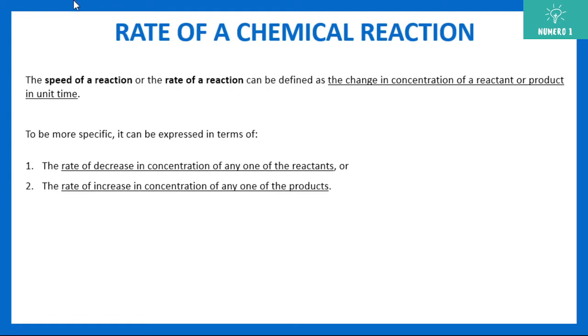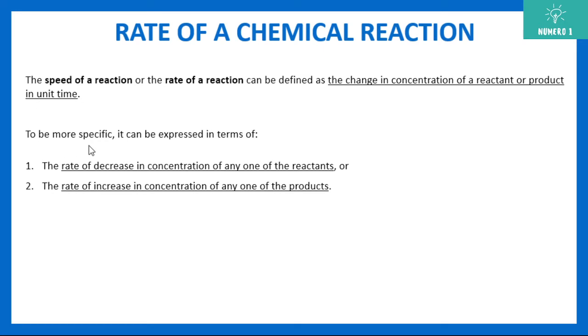Now, the speed of reaction or rate of the reaction is defined as the change in concentration of a reactant or product in unit time. Remember, it is the change in concentration of reactant or product. You can use any one of the two in a unit time.